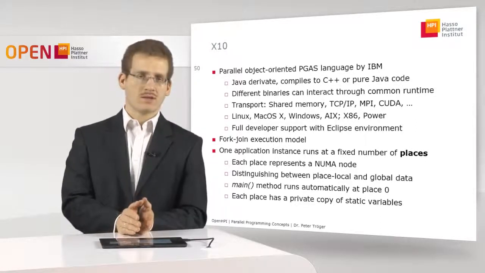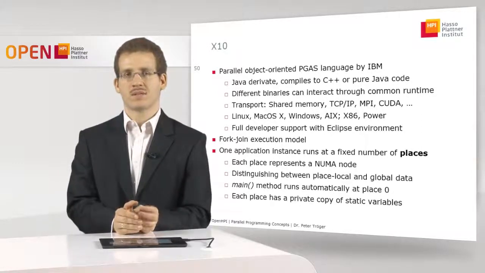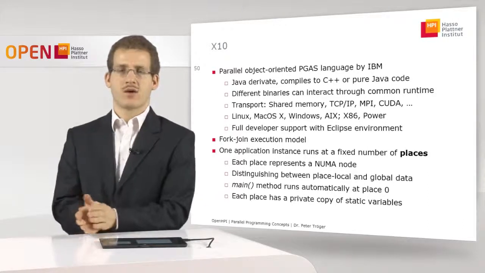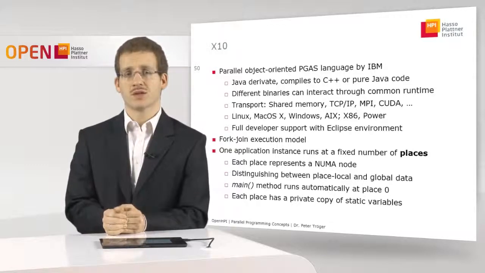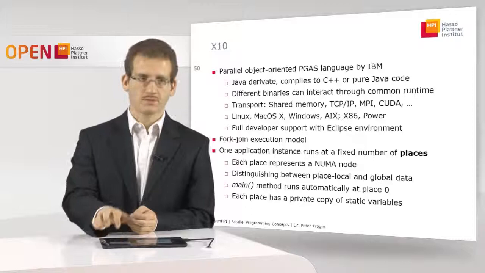The main method, so the starting point for your X10 application, automatically runs at place number 0, and each of the places automatically gets a static copy, a private copy of static variables. So variables that do not change can already be copied to the different nodes.